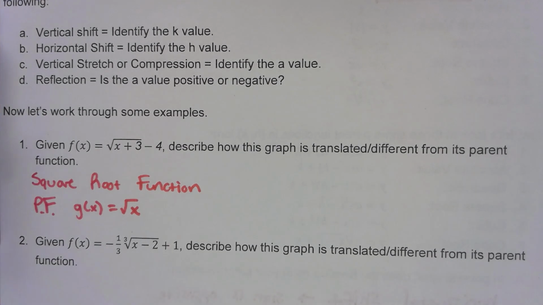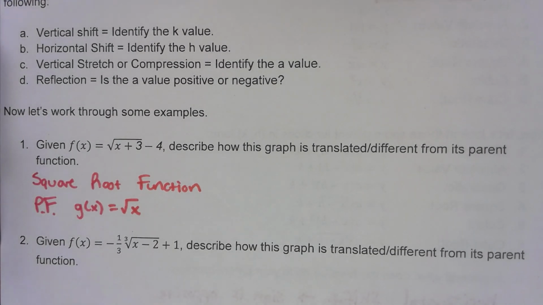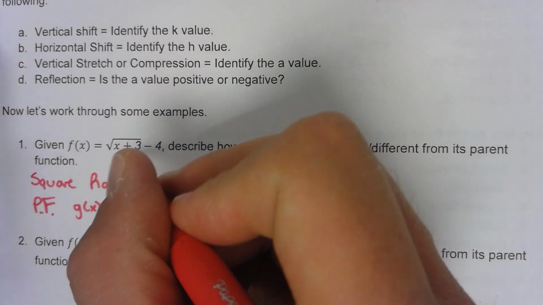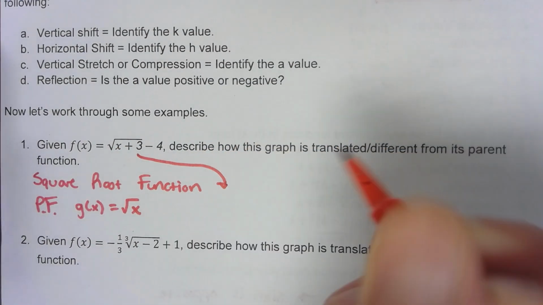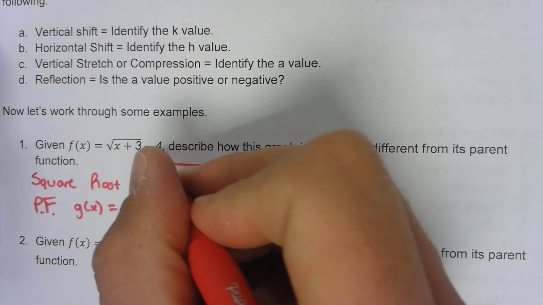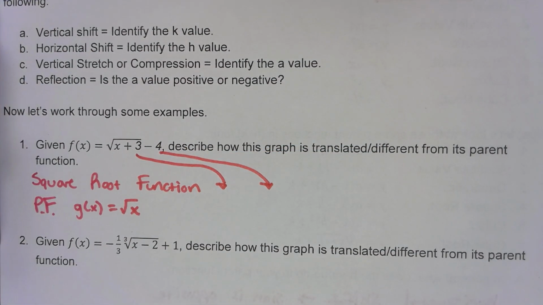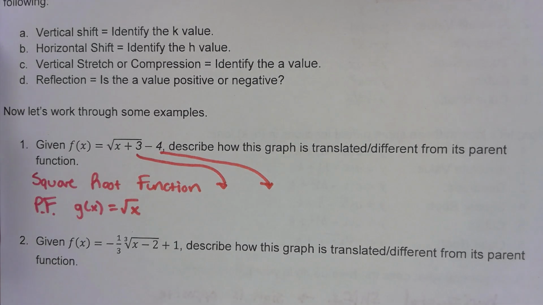Now, the reason I want us writing down the parent function is that anything else that's different in this equation is a transformation. So this 3 here is doing something to the parent graph, and this -4 is doing something to the parent graph. So we need to identify what each of those is doing. Well, the value inside that function operation, so inside the square root, is our horizontal shift.